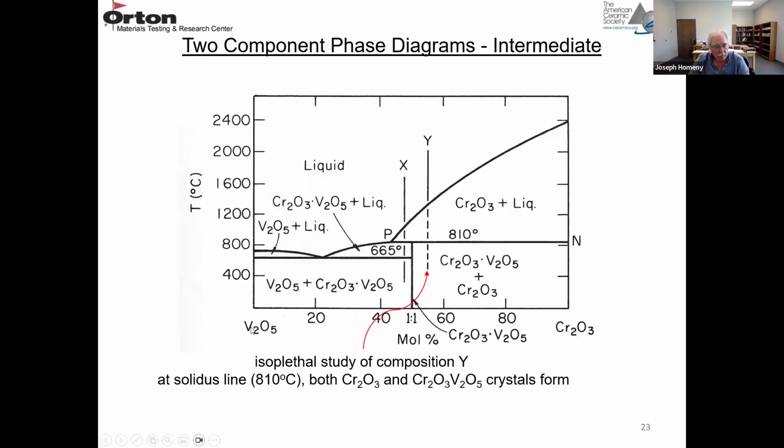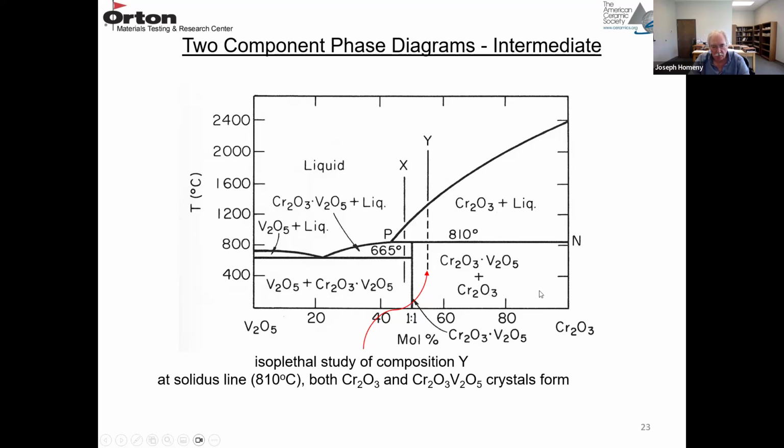So this is the same diagram, V2O5, Cr2O3, and now we'll just look at another composition Y and cool down along this composition Y. So at the solidus line over here, 810 degrees C, you go from the Cr2O3 solid plus liquid to Cr2O3 solid plus this one-to-one compound.